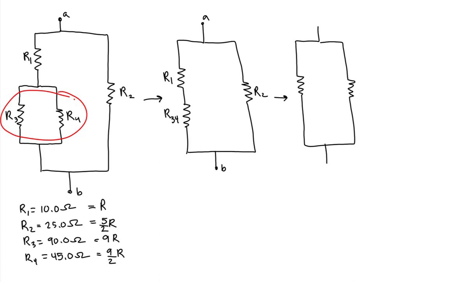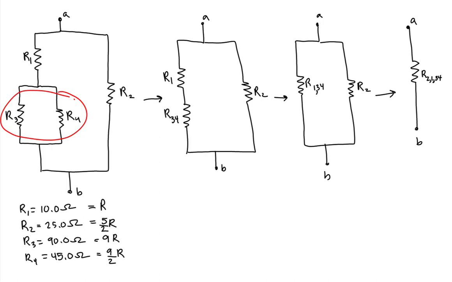I'll just call it R1, 3, and 4, and that's in parallel with resistor R2 between points A and B. Finally, those two resistors in parallel can be replaced by a single equivalent resistor between points A and B, based off the parallel combination of resistor 2 with R1, 3, and 4.